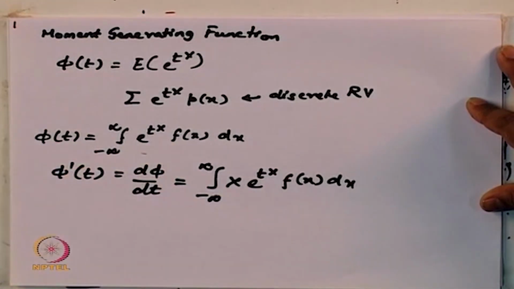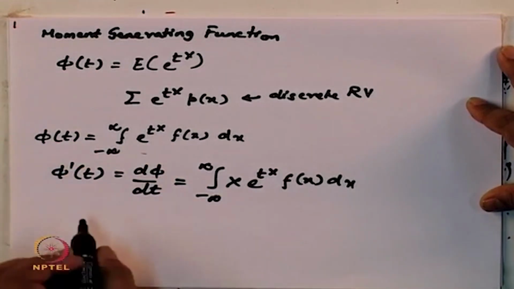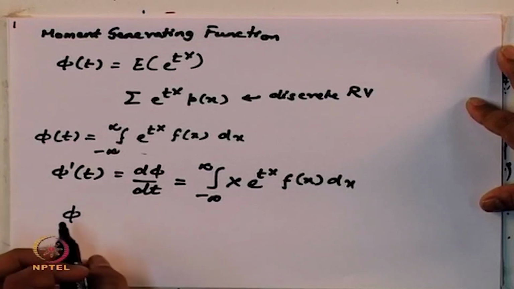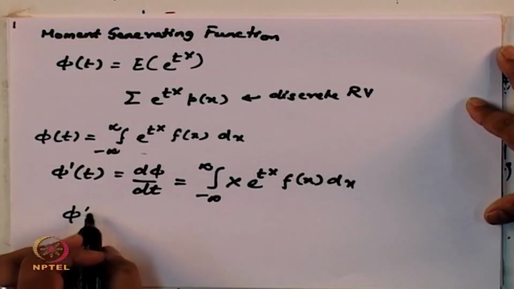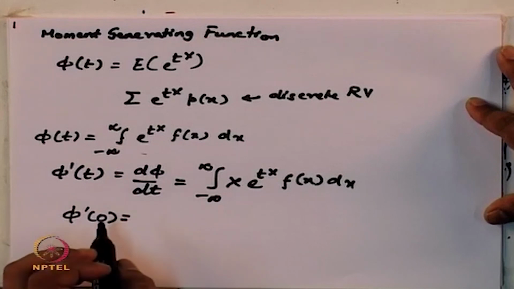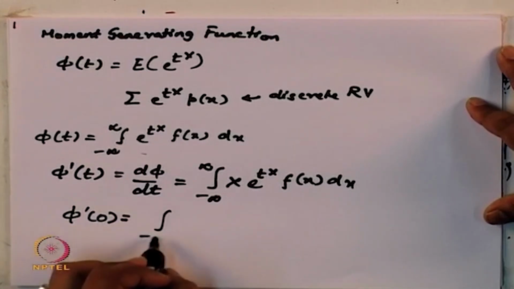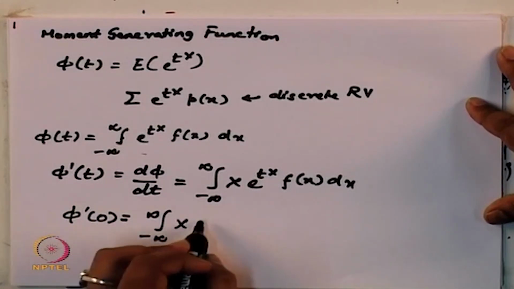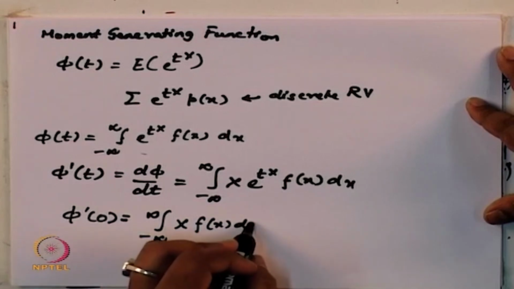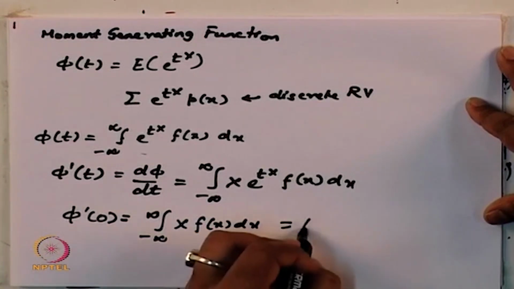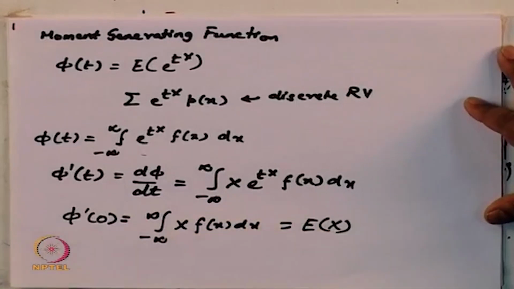Okay. So, what do we get as a consequence of that? I can write phi prime of 0 equal to the integral from minus infinity to infinity of x f of x dx, which is nothing but the expectation of x.